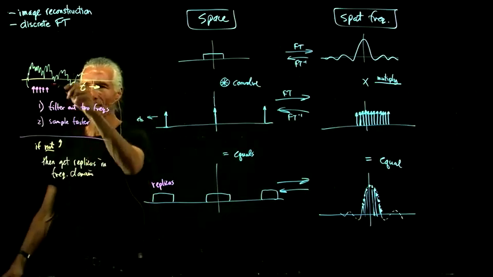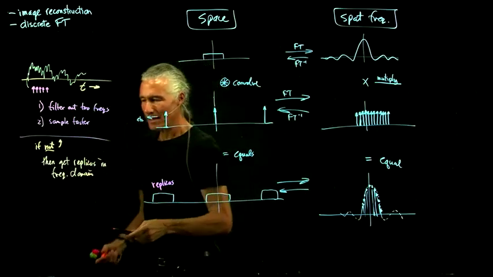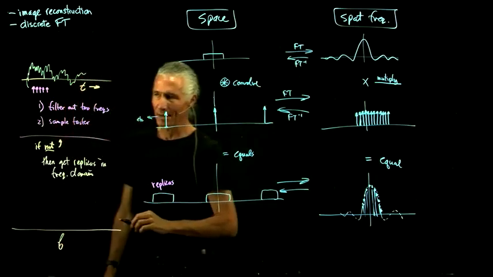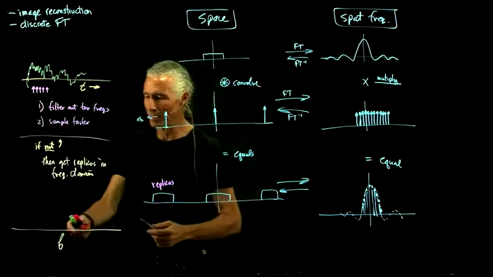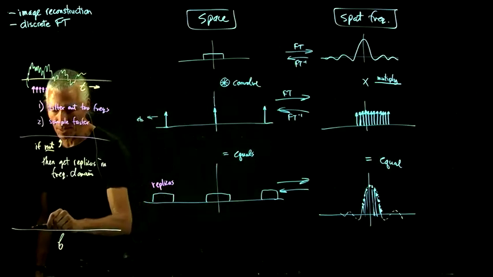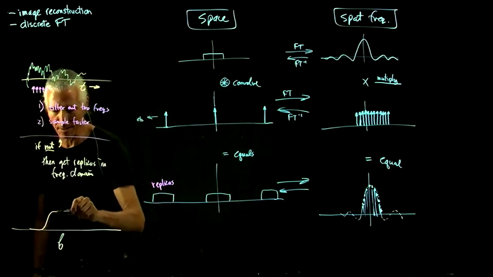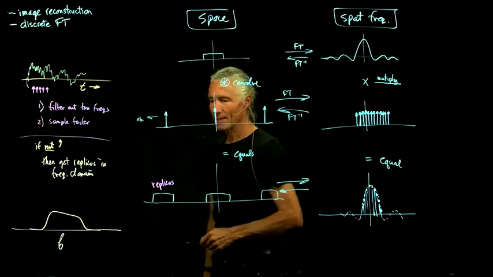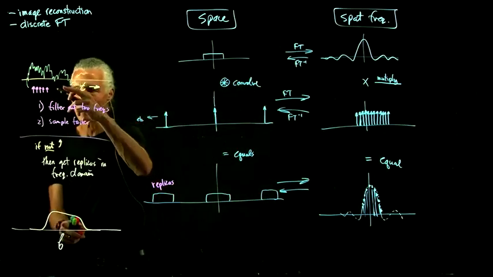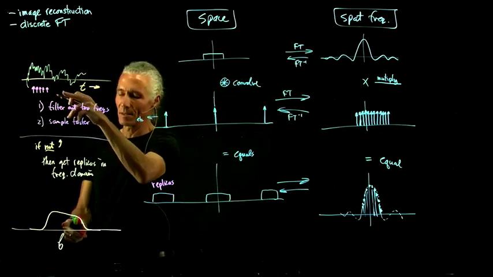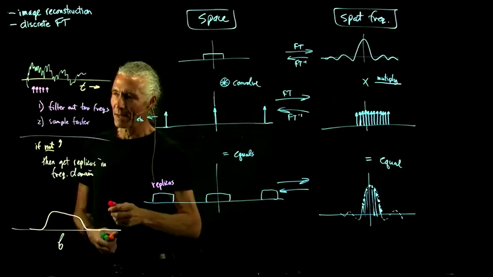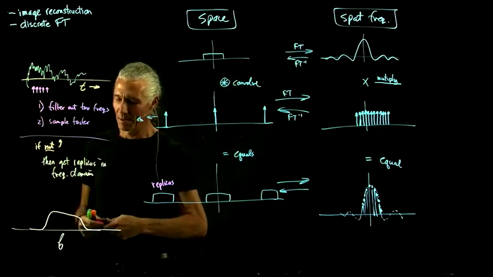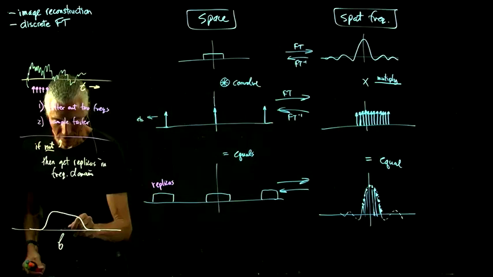So when we Fourier transform that, say here's frequency now, not space or time, and say our range of frequencies looks something like this. That's our range, the frequencies that we found in this signal. If we haven't sampled fast enough in time, what's going to happen? We're going to get a replica.